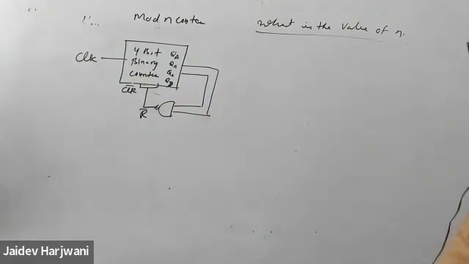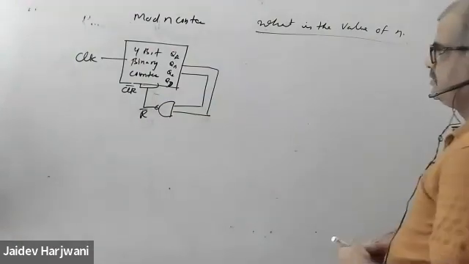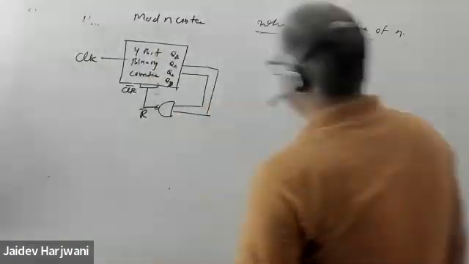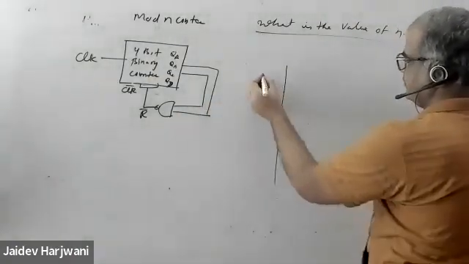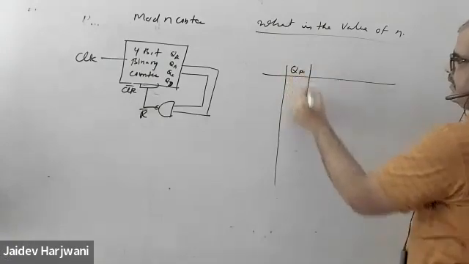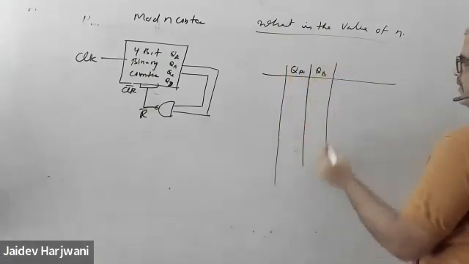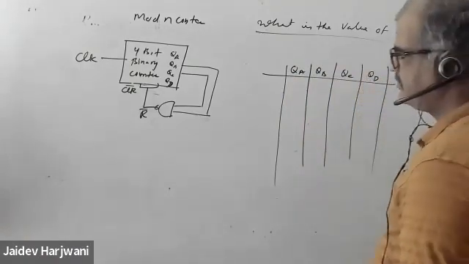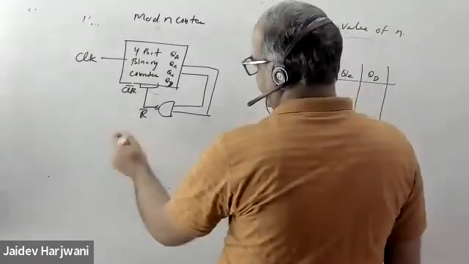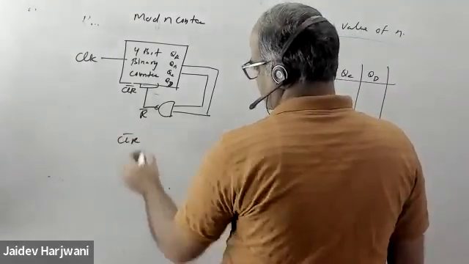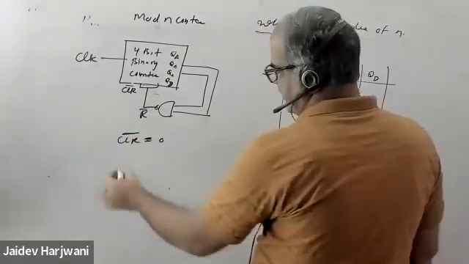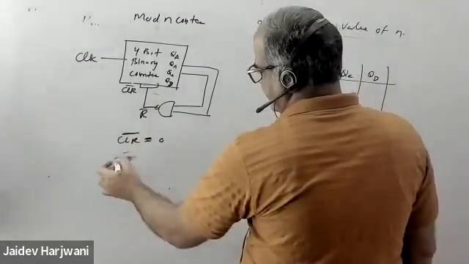So how can we do this? Let me make a table for QA, QB, QC, QD. Whenever clear bar becomes 0, your clear becomes 1.